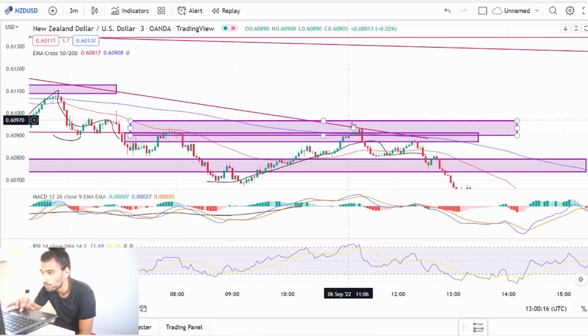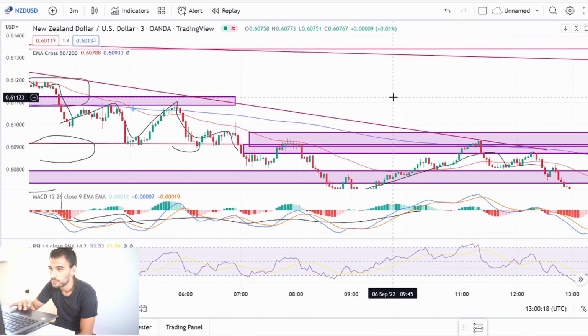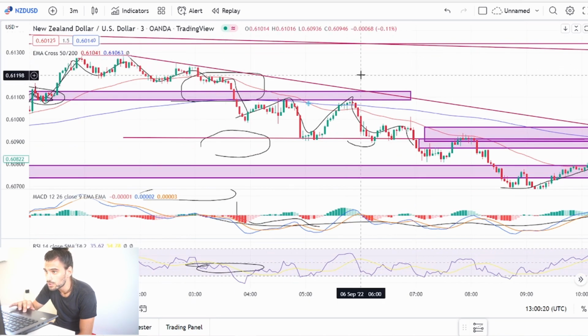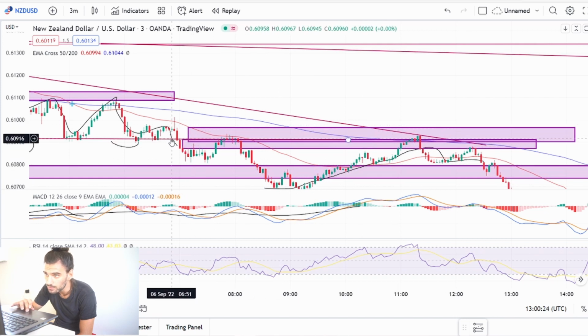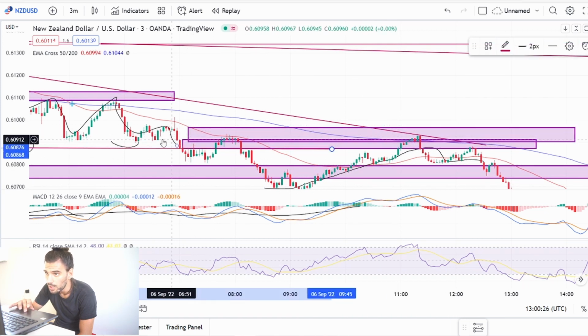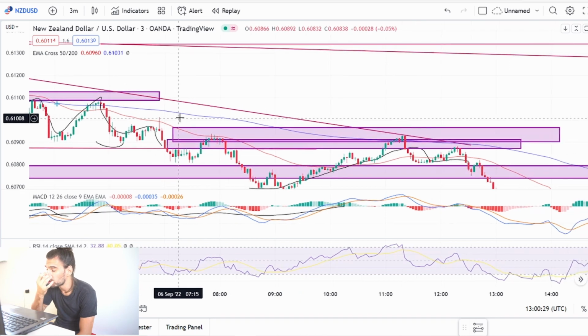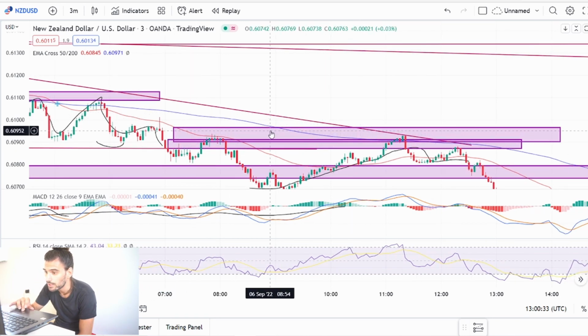And at the same time we formed a third touch on the 3-minute chart, which is our sixth indicator. The seventh one was the retest of these engulfing candlesticks after the structure break. So 6 and 7.